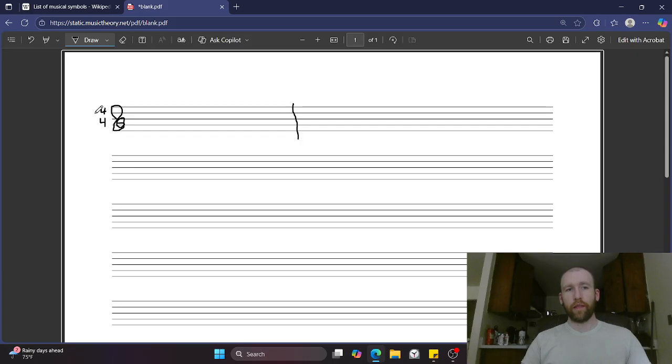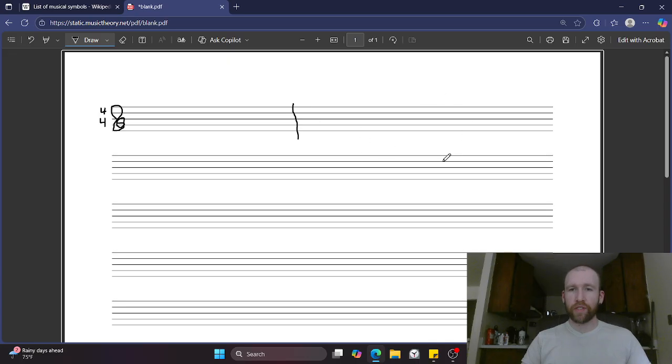So what this 4 over 4 is saying is that this measure, this segment right here, is going to contain 4 quarter notes, 4 of 1 over 4 basically.